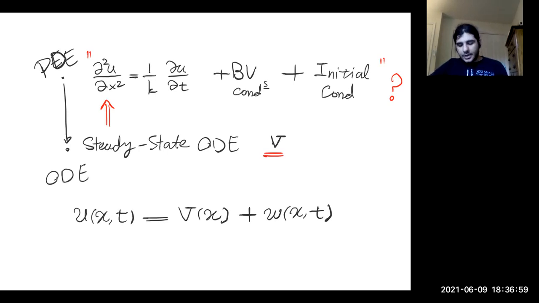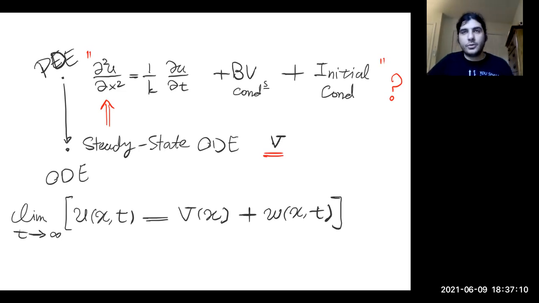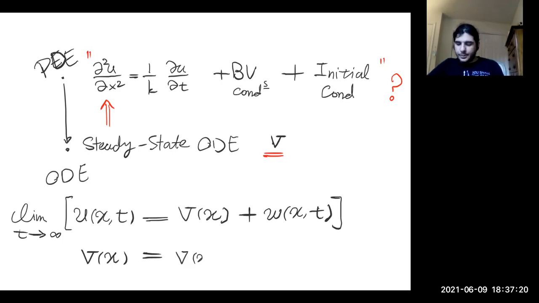So if we take the limit of this equation and send t to infinity, on the left-hand side, the limit of u when t goes to infinity is equal to v of x. V of x itself has no t in it. And the last term would be the limit of this other function w we defined, where t goes to infinity.